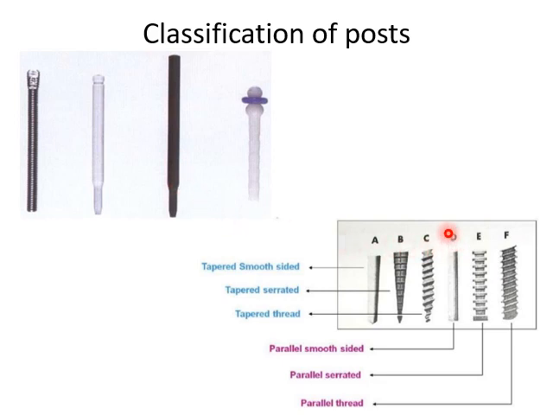Regarding the design, we have two main groups: the tapered one and the parallel one. This is example for tapered smooth, then tapered serrated, and tapered thread. This is the parallel smooth, parallel serrated, and parallel threaded.